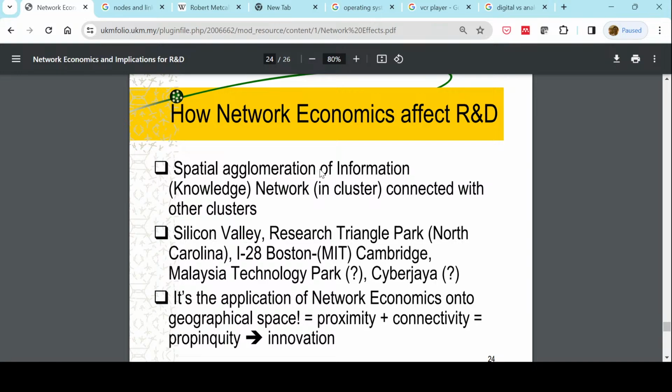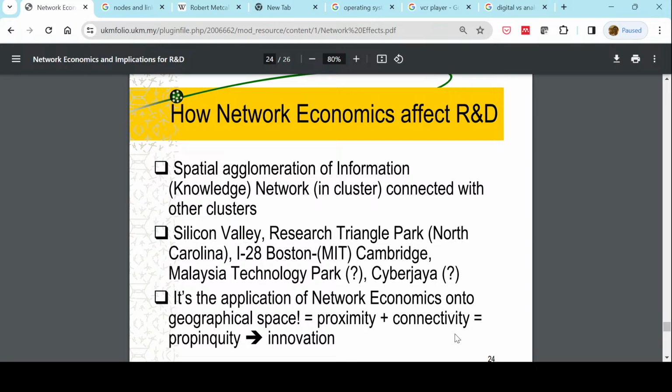It is the application of network economics onto the geographical space, which is proximity, near to each other, plus connectivity. Not only are they near to each other, but they are interacting among each other, the firms. Connectivity leads to propinquity.